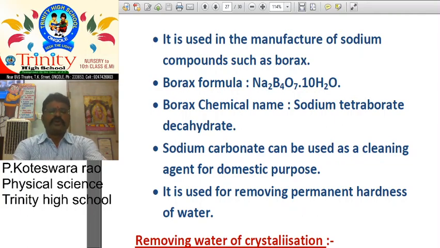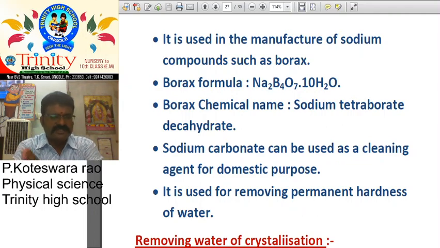Do you know what hardness of water is? Our available water is divided into two types, soft water and hard water. Hard water mainly consists of Mg2+ magnesium ions and Ca2+ calcium ions. That's why it is so hard.